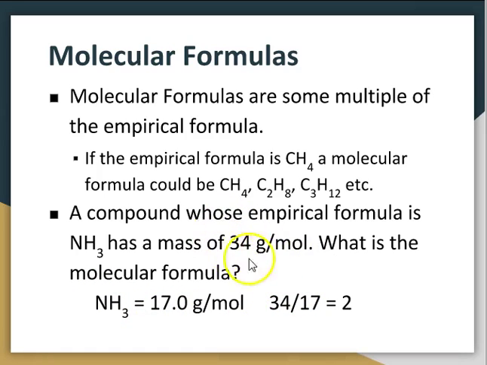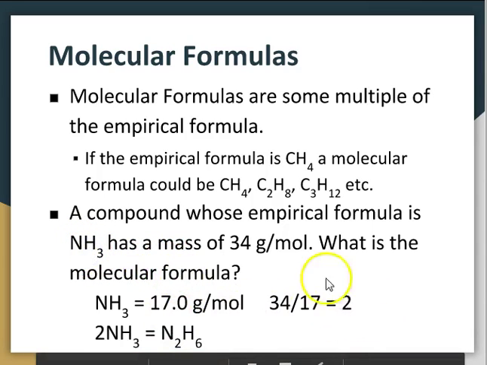If our molecular mass is 34, that's twice as much. And so that means that we have twice as many atoms, I should say. So our multiple is 2. So our molecule is actually N2H6. Okay, we're just going to take that multiple times our empirical formula.